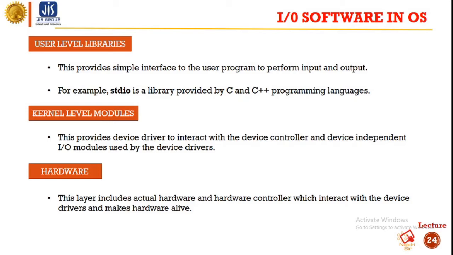Kernel level modules provide a device driver to interact with the device controller and device independent IO modules used by the device drivers. The last one is the hardware layer, which includes the actual hardware and hardware controller that interact with the device drivers and make the hardware alive.